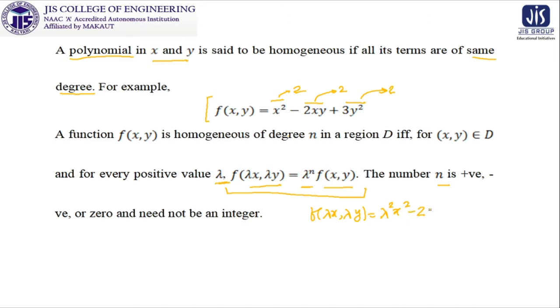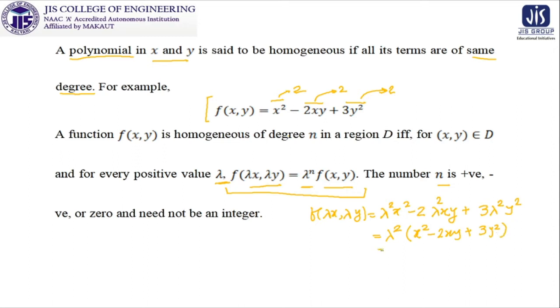In place of x it is lambda x, and in place of y it is lambda y, so it will be lambda square xy, then plus 3 y square, y is lambda y, we are substituting, so it will be lambda square y square. In the next line we can take lambda square common, it will be x square minus 2xy plus 3y square.